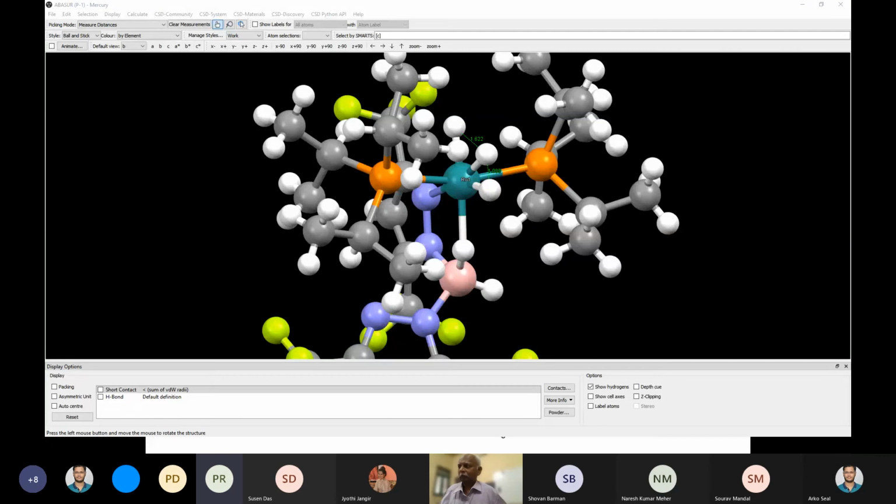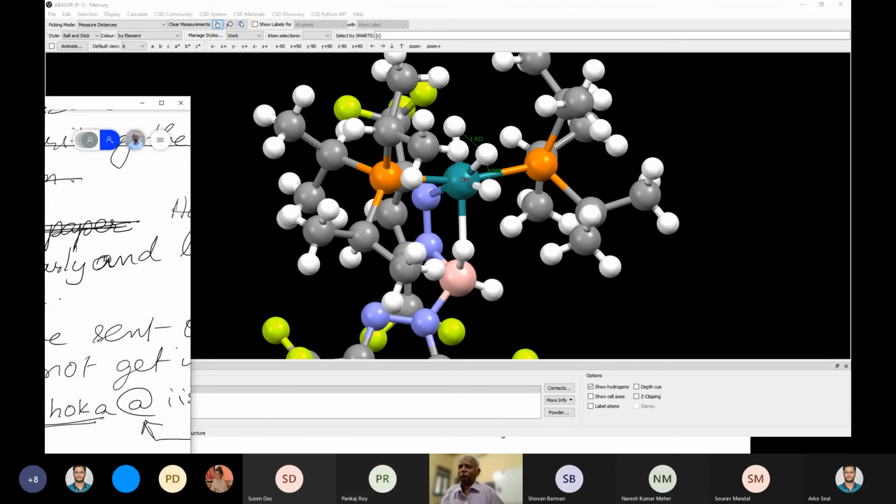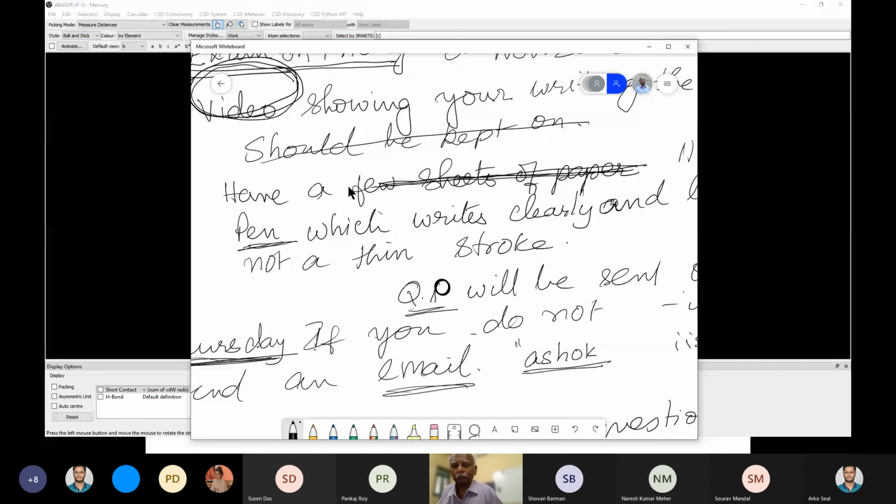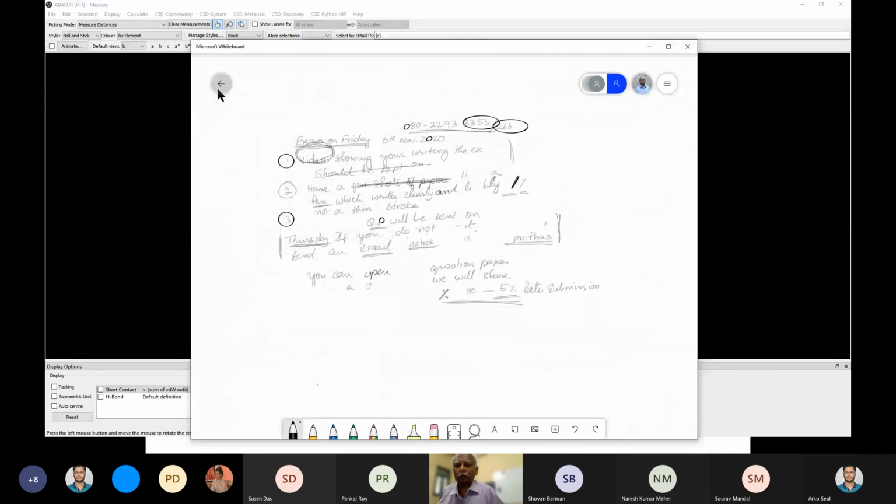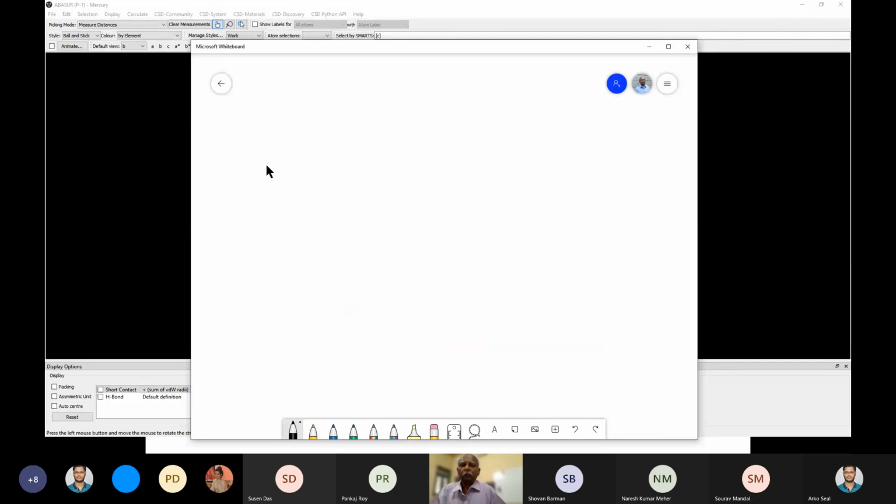This is Pankaj. You mentioned the back donation from metal to the hydrogen sigma star system. How is the symmetry matching there? Can you just elaborate briefly? Yeah. If you remember, I have these orbitals in fact drawn. I will post them, but because it will take me some time to open it up, I'm going to quickly draw it.